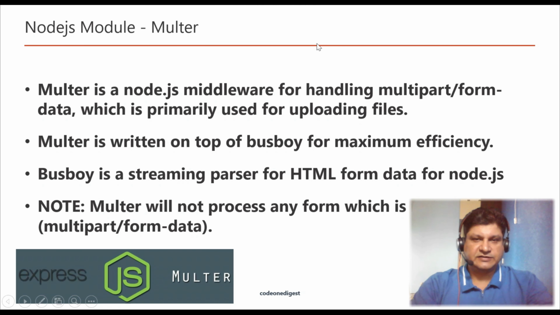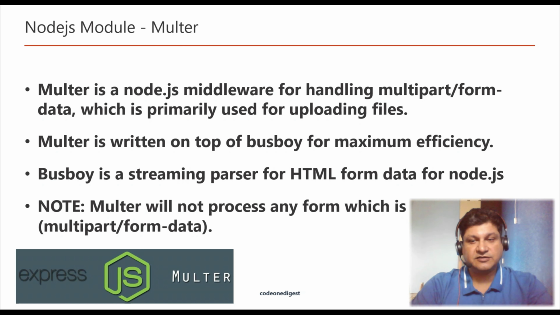Okay friends, before we start, let's understand what the Multer module is. Multer is a Node.js middleware for handling multipart form data, which is primarily used for uploading files. Multer is written on top of busboy for maximum efficiency. Busboy is a streaming parser for HTML form data for Node.js.